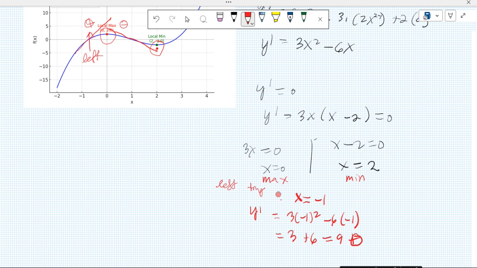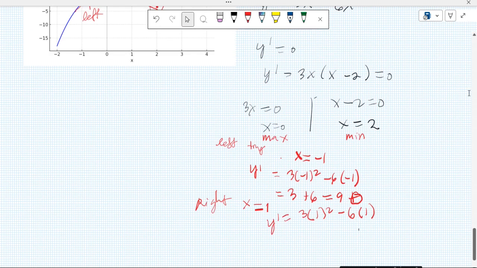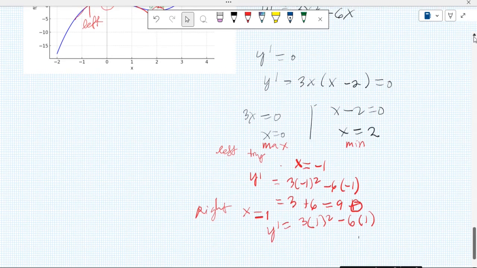And let's try the right side. So let us agree on the value, for example x equals 1. So y prime equals 3 multiplied by 1^2 minus 6 multiplied by 1. What do we have here?